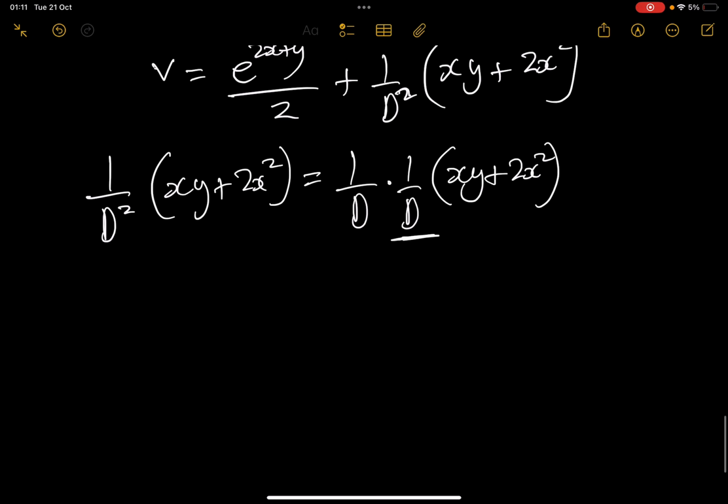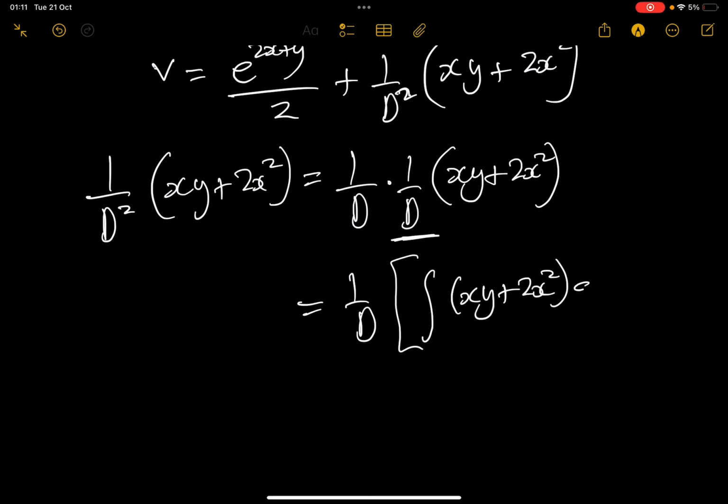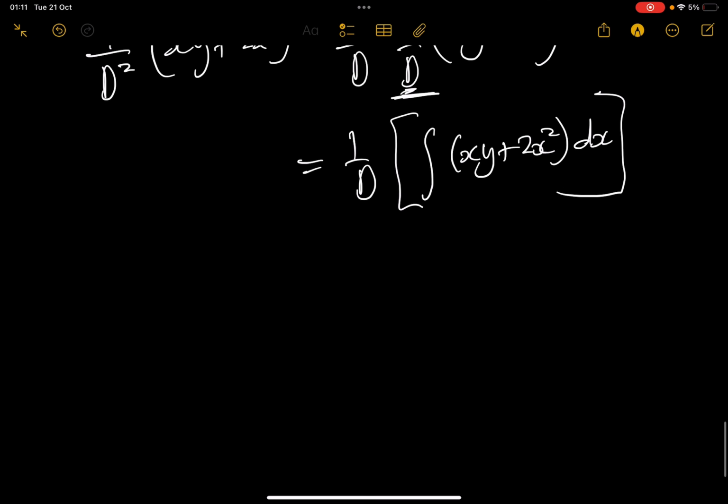So if we evaluate the first 1 over D, it is the integration of xy plus 2x squared dx, since it's D. So let's integrate that.